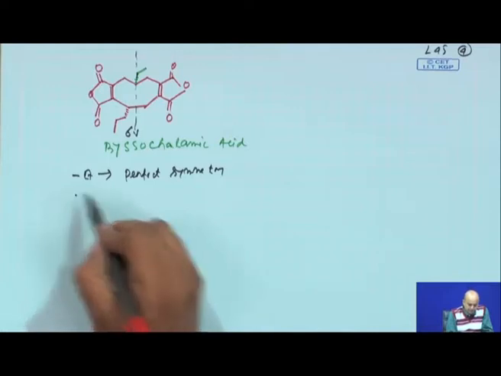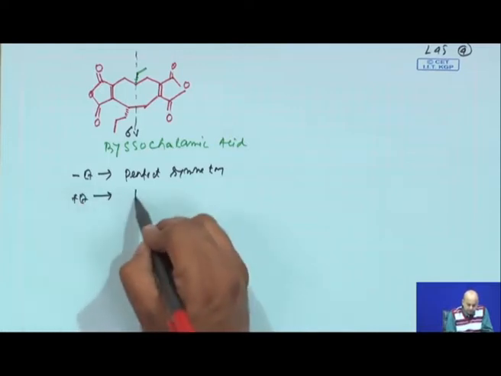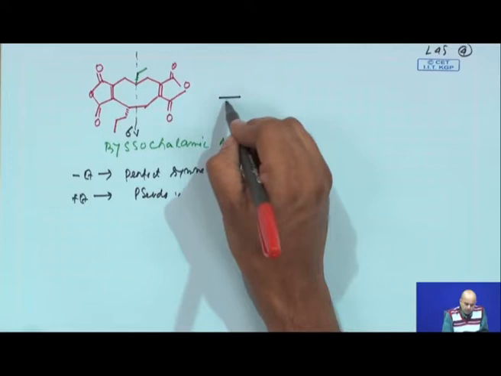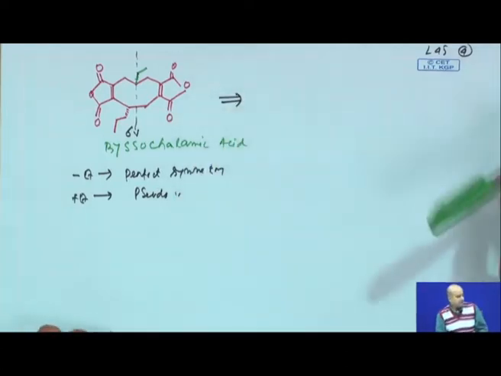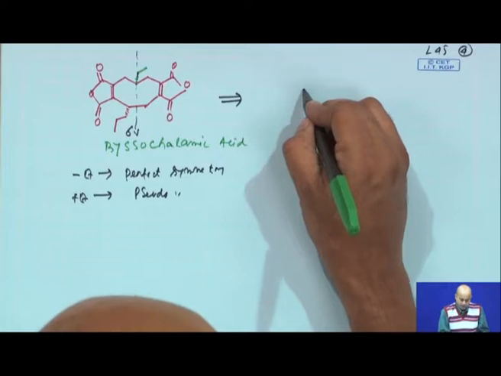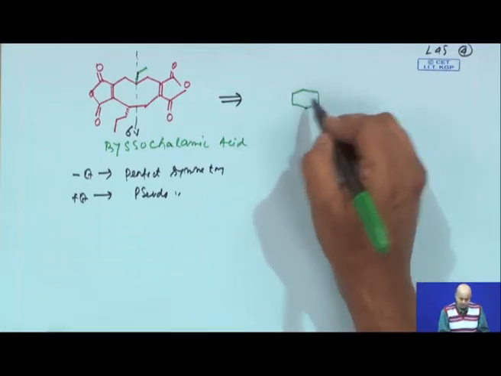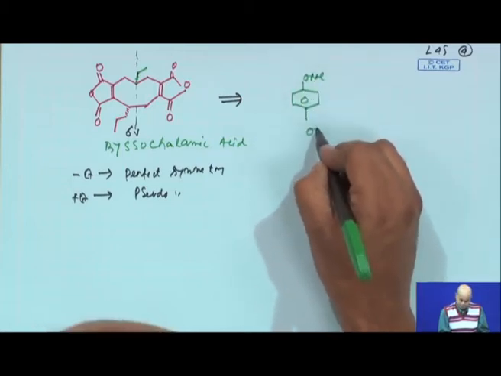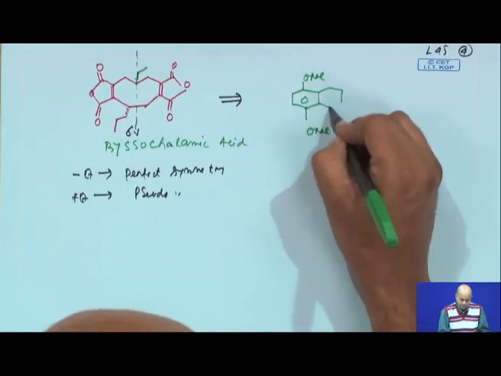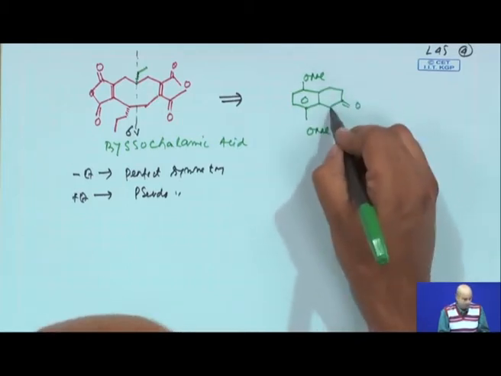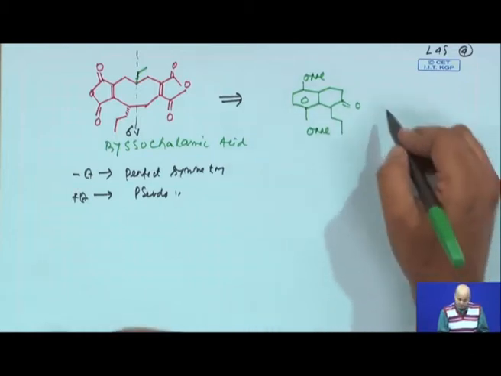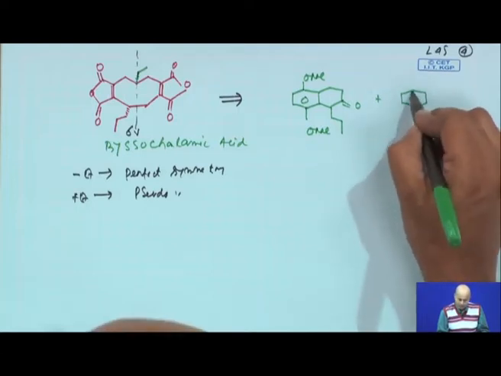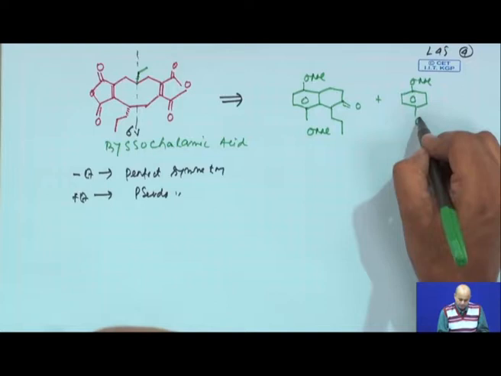Now, as ethyl is there, the molecule becomes pseudo symmetrical. So, now we will try to analyze how this molecule can be retrosynthetically disconnected, and it was shown that this molecule can be synthesized from these two intermediates. One of the intermediates is a pseudo symmetrical intermediate and one of the intermediates is a local symmetrical intermediate. Now, we will explain how.